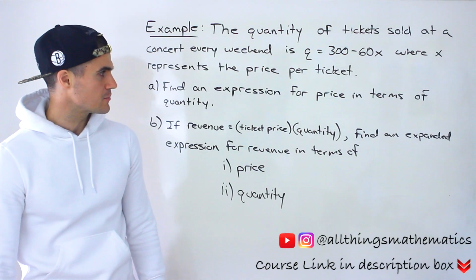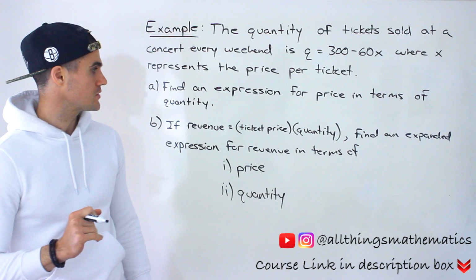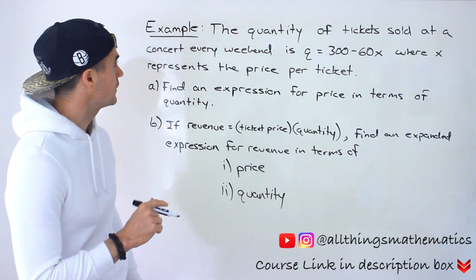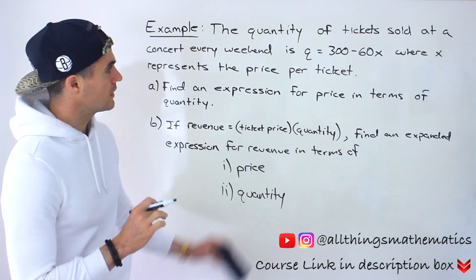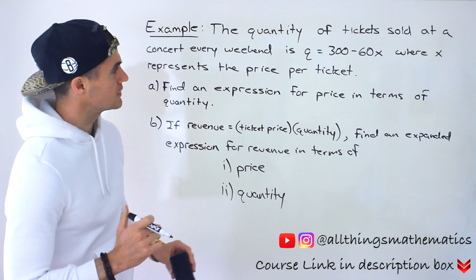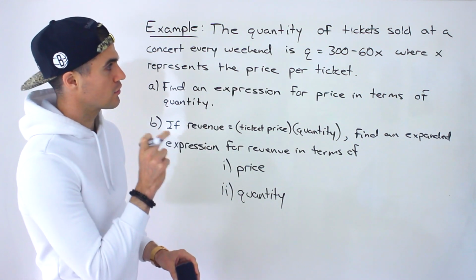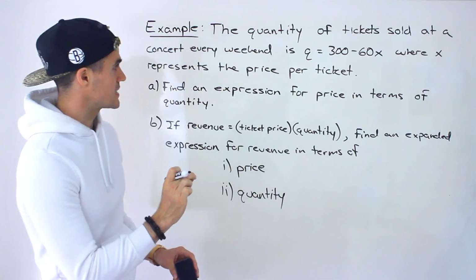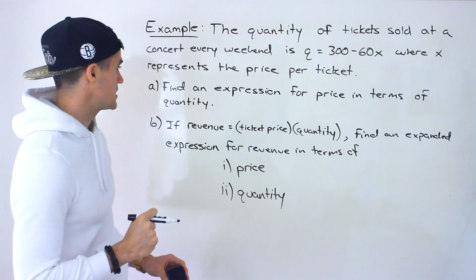Moving on to another example dealing with multiplying polynomials. So in this particular question, we're told the quantity of tickets sold at a concert every weekend is given with this relation here, Q equals 300 minus 60x, where x represents the price per ticket.